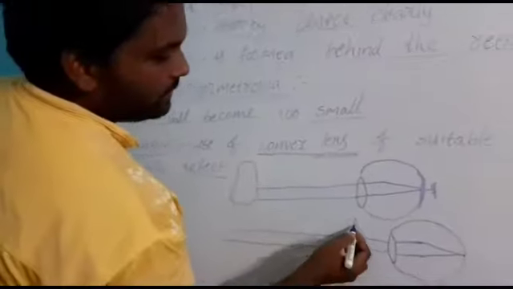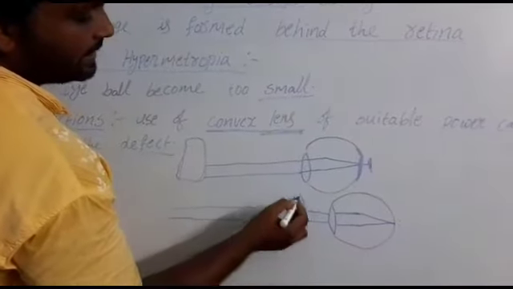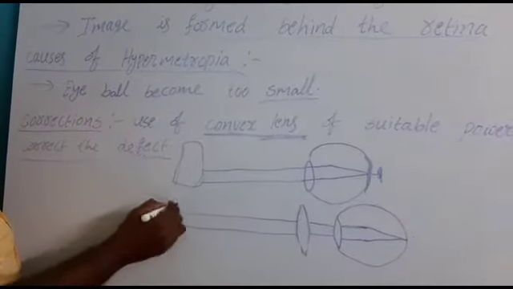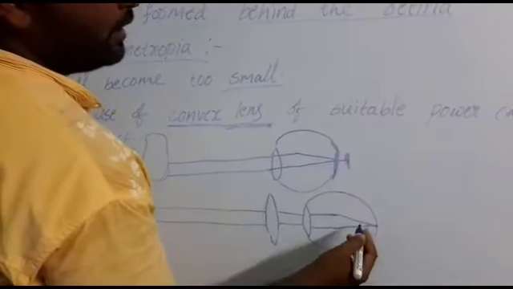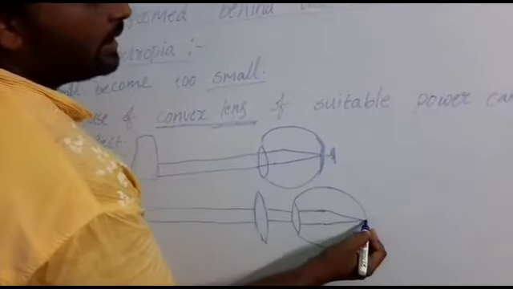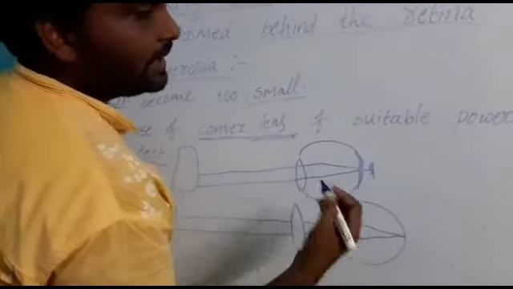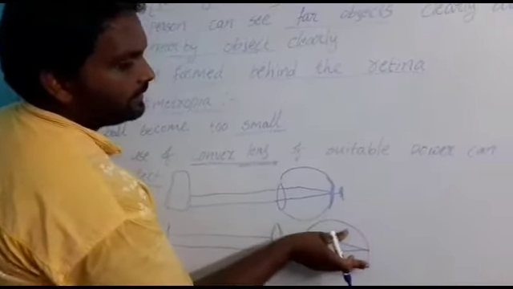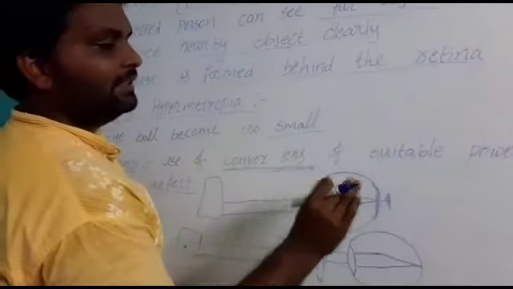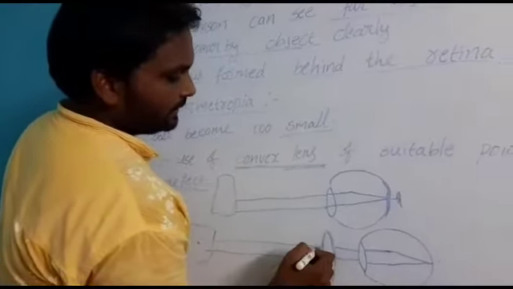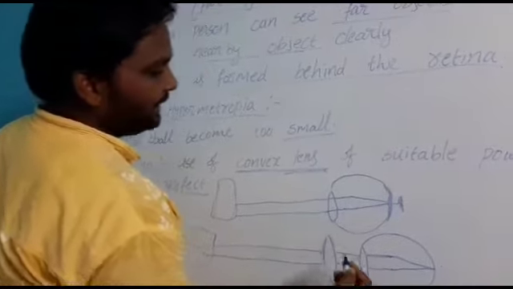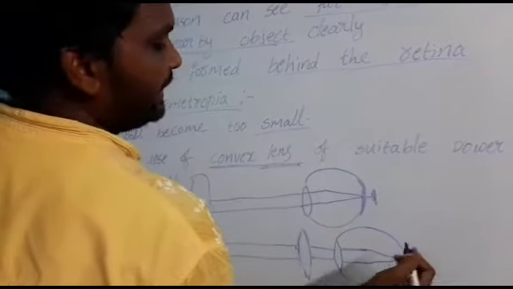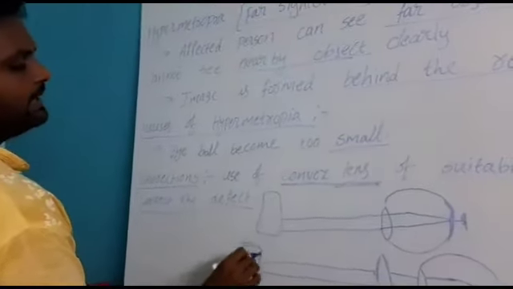See here, when we use a convex lens, the image will be formed on the retina because of converging. The convex lens converges, the concave lens diverges. So when the convex lens converges, the image falls on the retina, and then we can see the object properly.